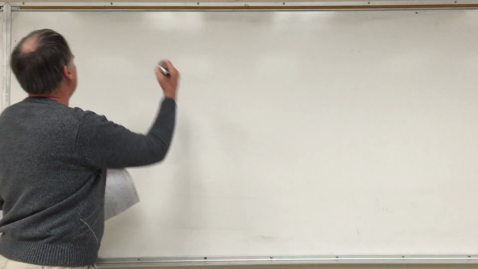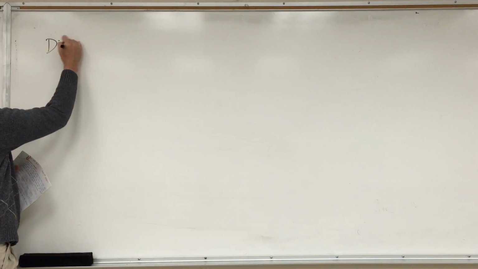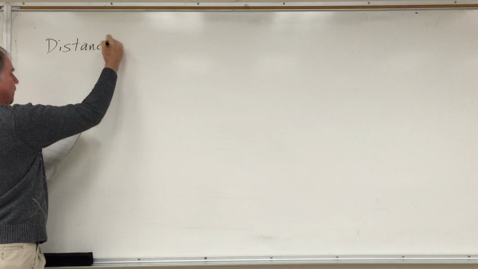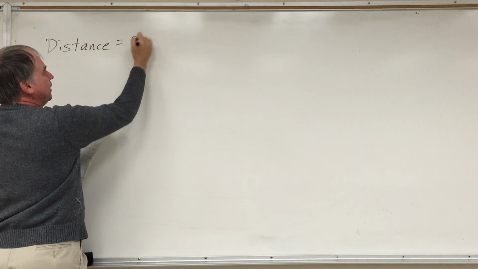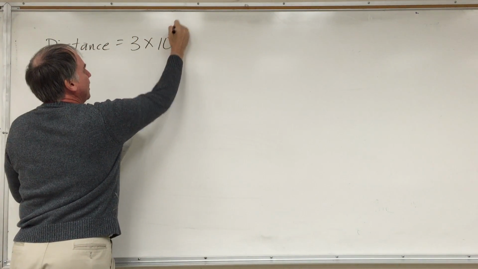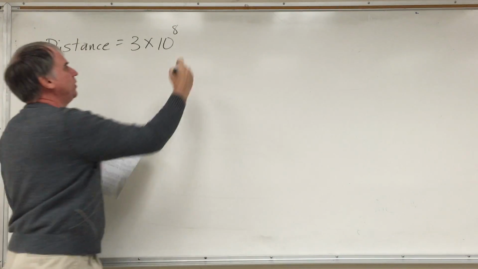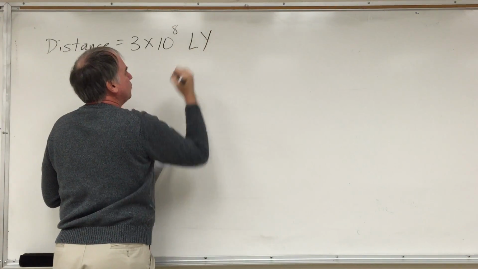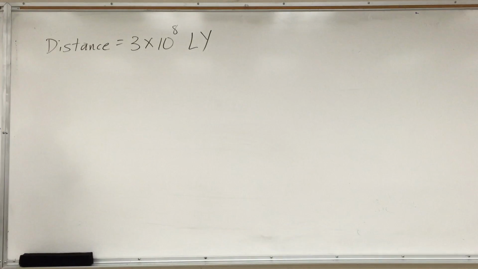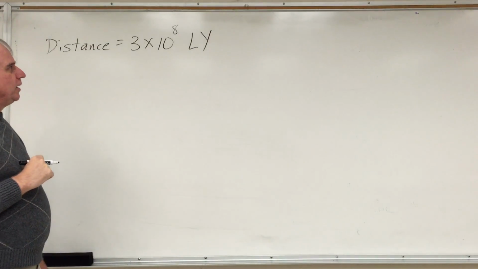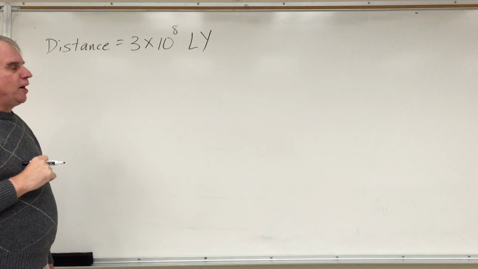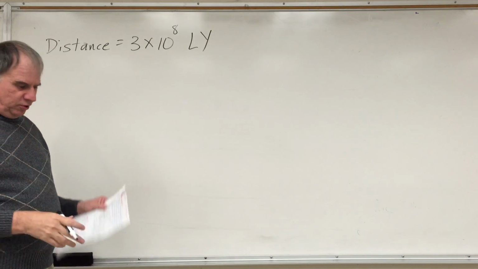The distance that they've moved apart is 3 times 10 to the 8. That's the 300 million light years. That's the distance light would travel in a time of 300 million years.